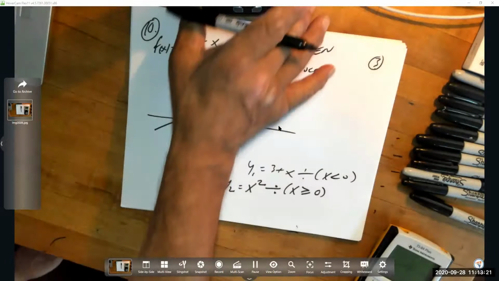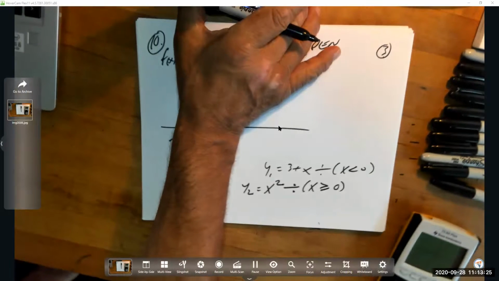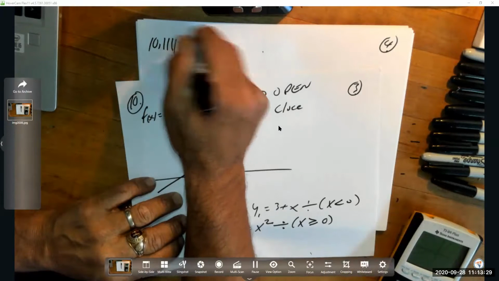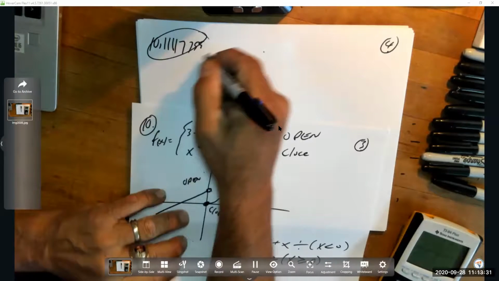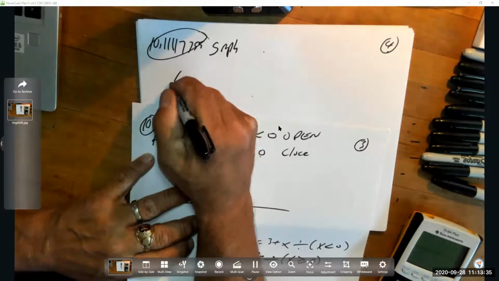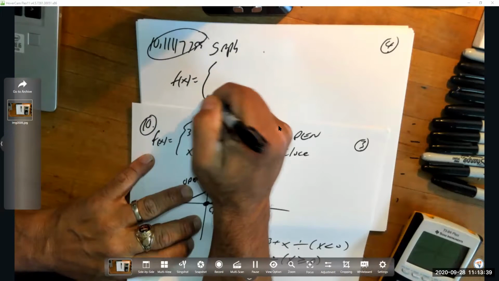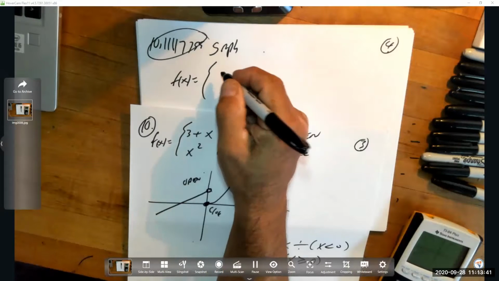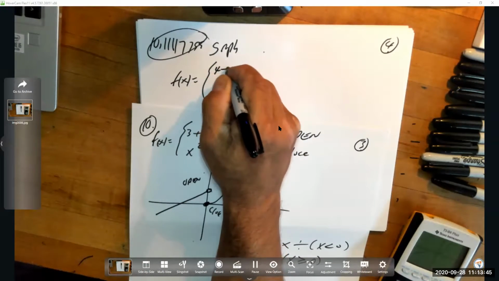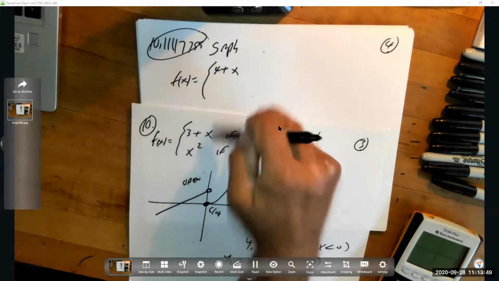Okay, ready? I'm gonna go next page, same thing. Okay. It's gonna say graph, and I'm gonna change these numbers. F of x equals, let me see, how about 4 plus x looks pretty close, if x is less than 0.